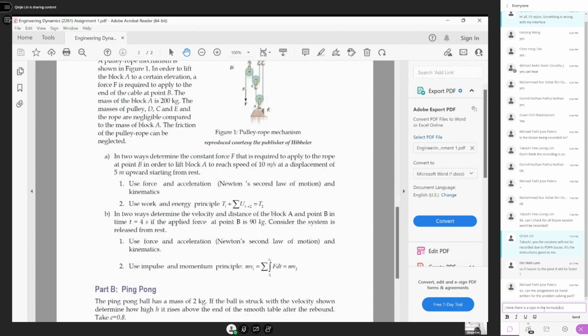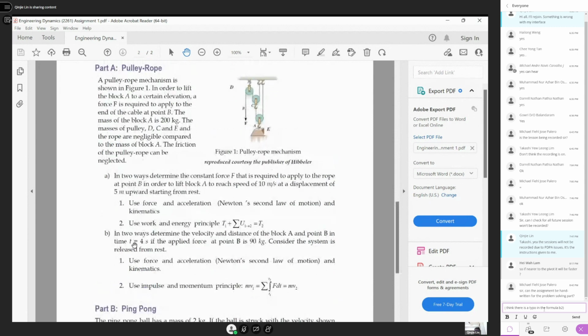Part B, in two ways, determine the velocity and distance of block A and point B at time t equals 4 seconds if the applied force at point B is 90 kg. Consider the system is released from rest. So imagine at point B you attach a 90 kg load, and at that instant you release from rest. 4 seconds later, what is the velocity and distance of A and B?